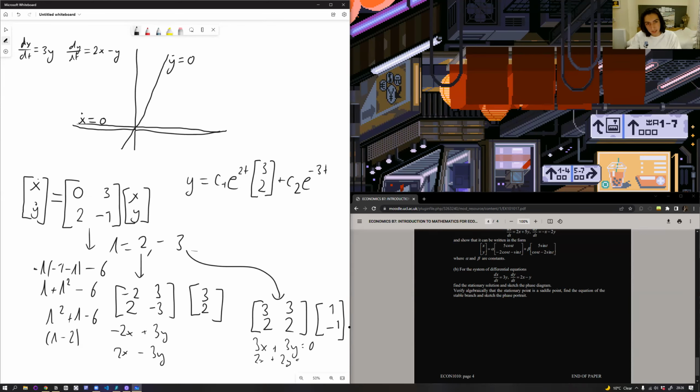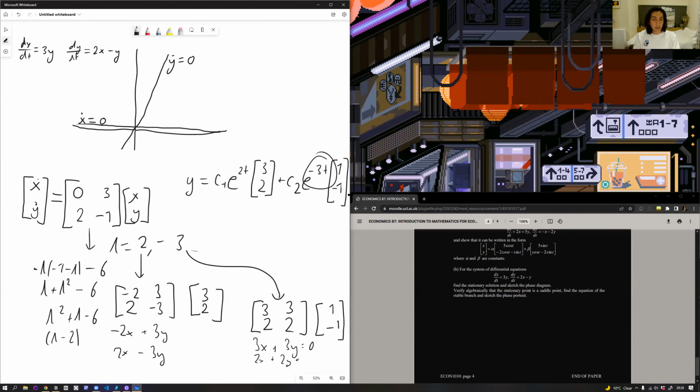To be honest, just a heads up, I haven't done too much of this. I'm going to be revising this a little later tonight, so it's still a tricky topic for me and this might not be perfect. But anyway, this is fine enough to find the stable line. You've got the stable line here. You can find the stable branch by looking for negative eigenvalues.